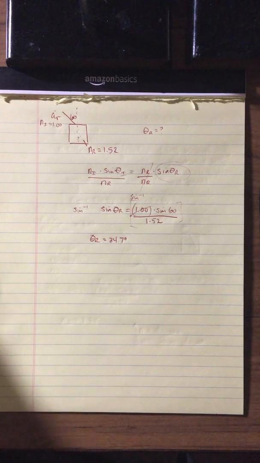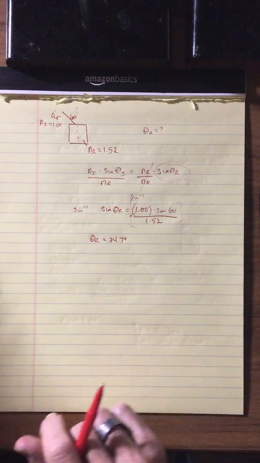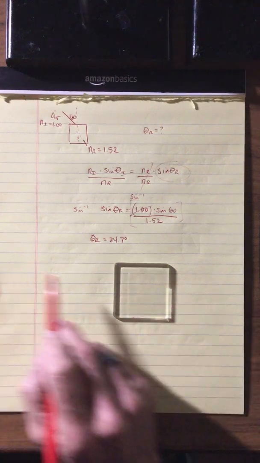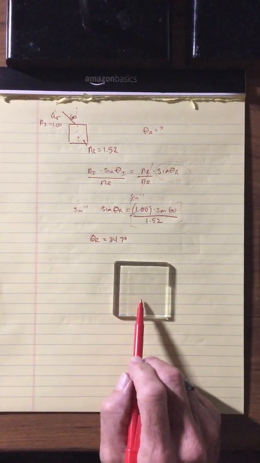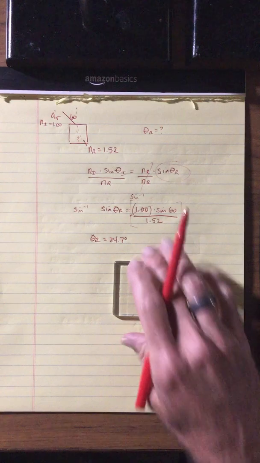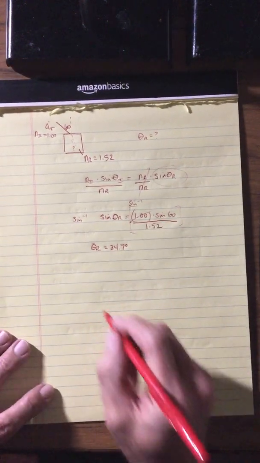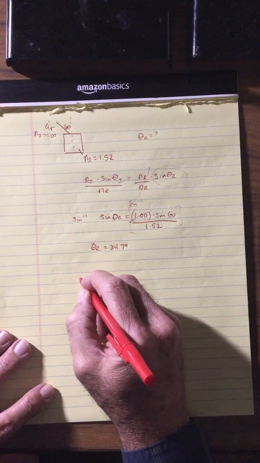However, light travels differently inside a vacuum compared to a piece of glass. We can calculate that velocity with this formula.